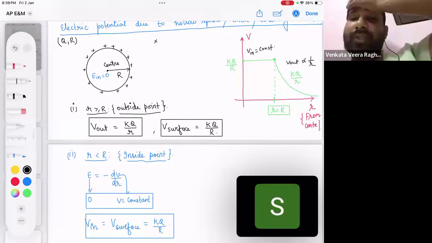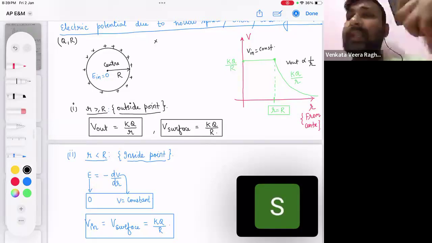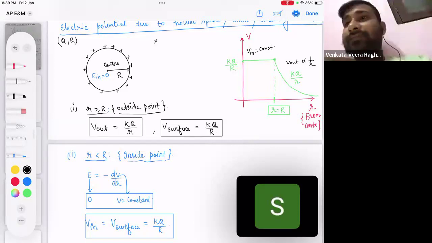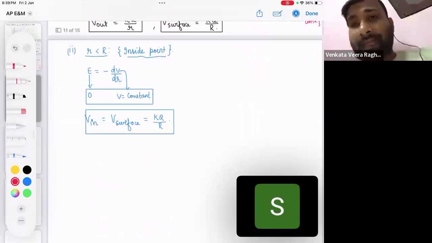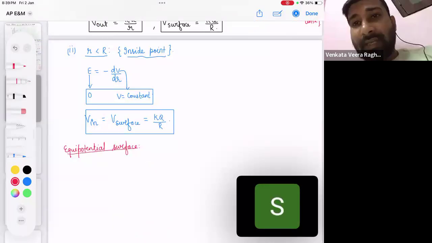Now if I ask you a theoretical question: what kind of equipotential surface will be outside the sphere? How will the equipotential surface look for a spherical charge distribution?